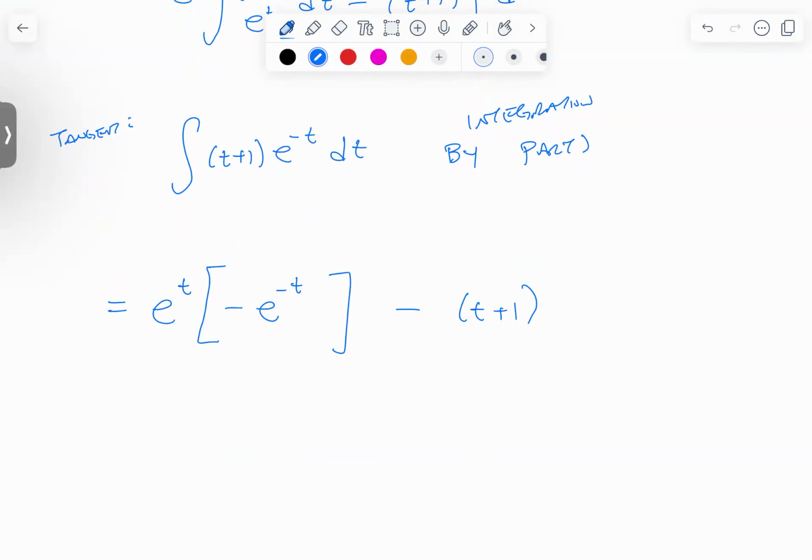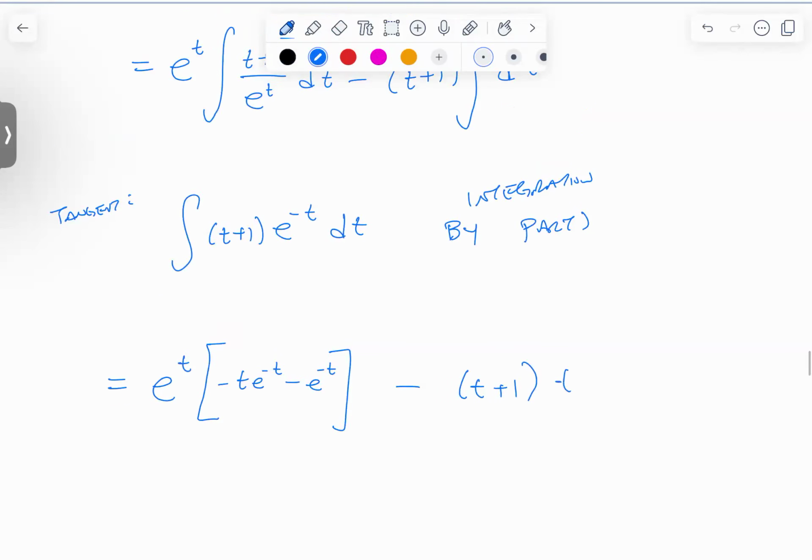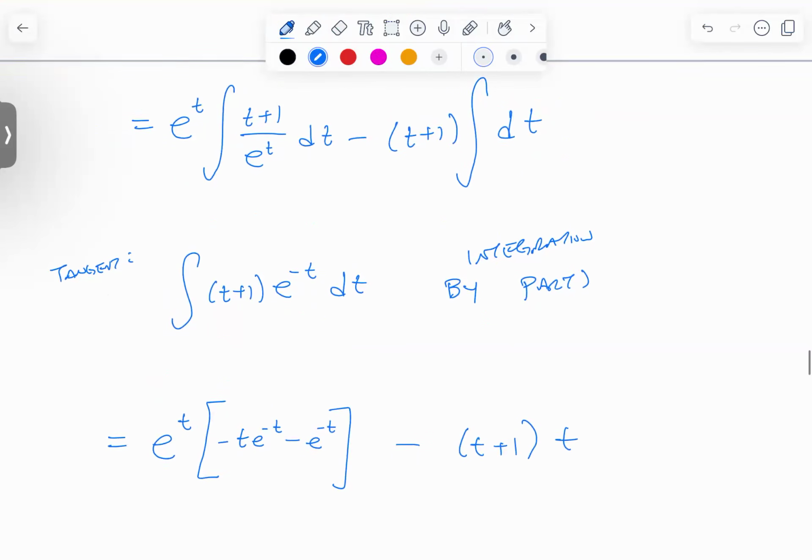Okay, so it ends up just being negative e to the negative t, negative t e to the t. I couldn't find where it was, the zero, t e to the negative t minus e to the negative t. Okay, that is hopefully what that should become. The other piece then is t plus 1 times t.